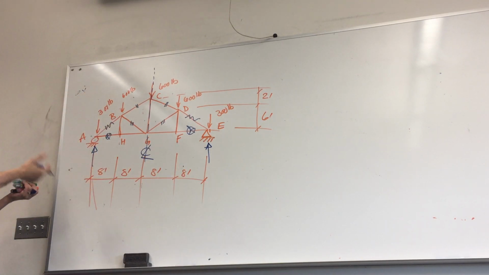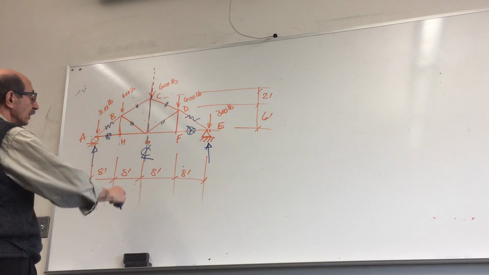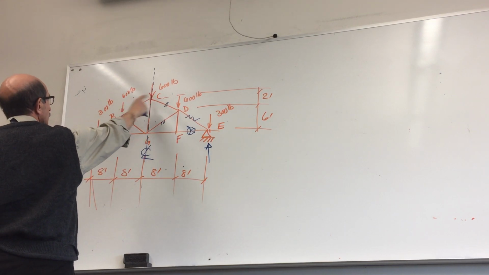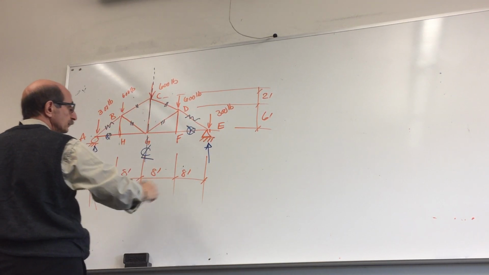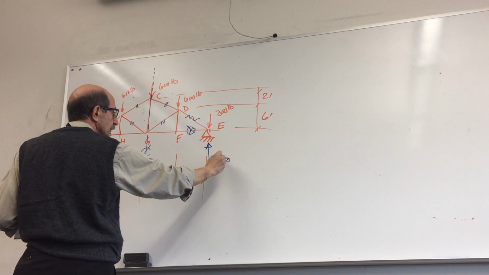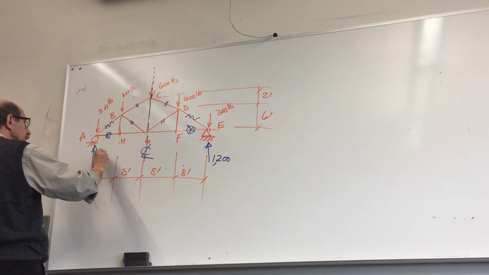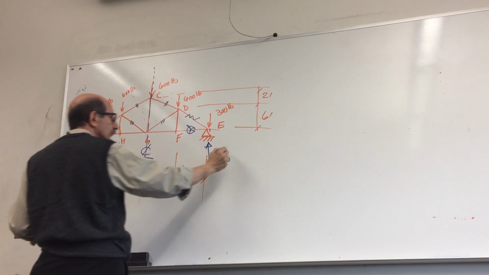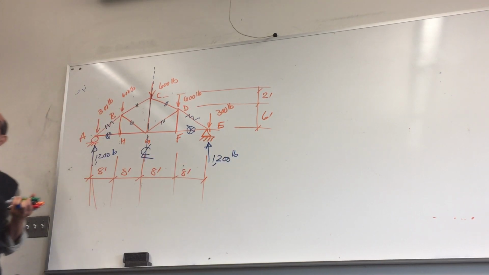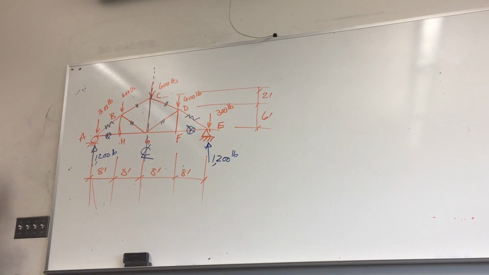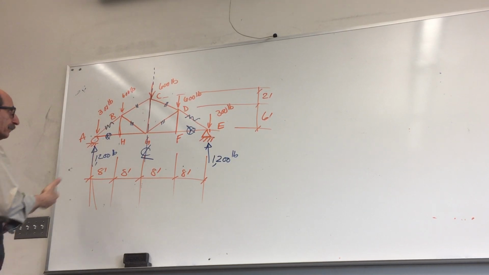So you really don't have to write the equation of equilibrium, because you can quickly see that half the load goes to each side. So you have 1,800 and 600, 2,400. So the reaction force is 1,200 pounds here and 1,200 pounds here. So when you have a line of symmetry, take advantage of that. Don't do too much work that is not necessary.